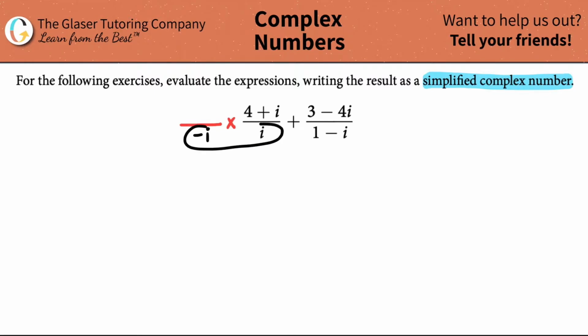If you're multiplying the denominator by a negative i, you got to multiply the numerator by a negative i as well. And that's how you can multiply things in like thin air, because this whole thing would be equal to 1. So in theory, you're just taking this and multiplying it by 1. However, we could actually just do the math to get rid of the i value in the denominator. Okay, so it looks like I just have to multiply the top, and then I have to multiply the bottom.